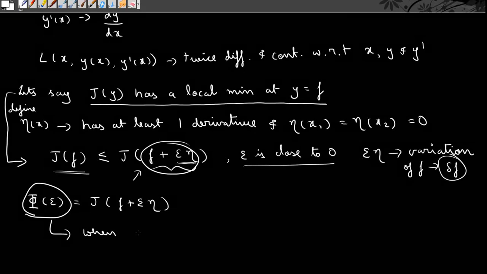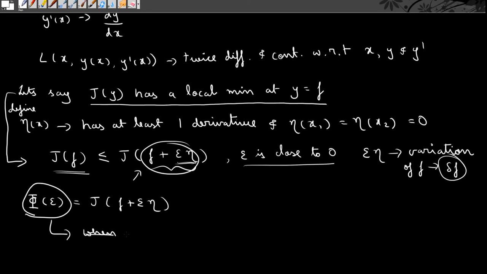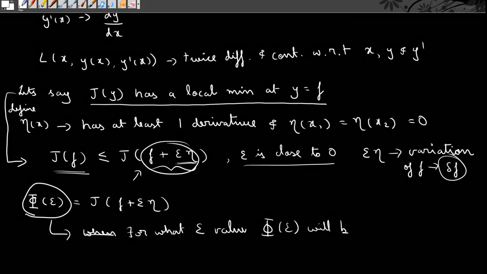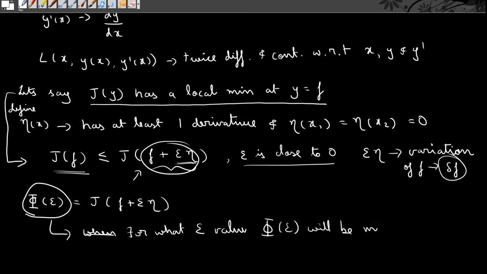So for what epsilon value will phi of epsilon be minimum?